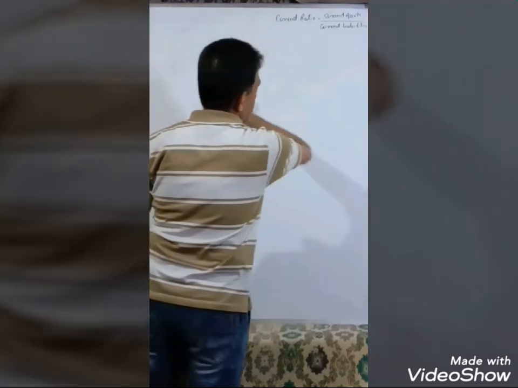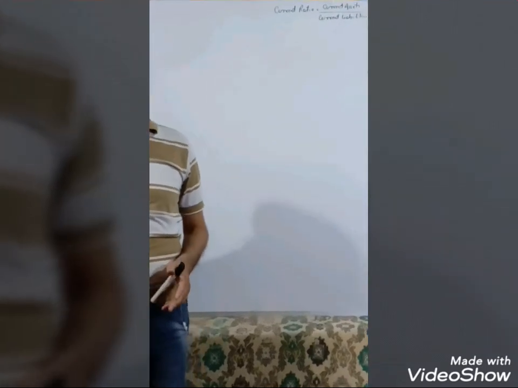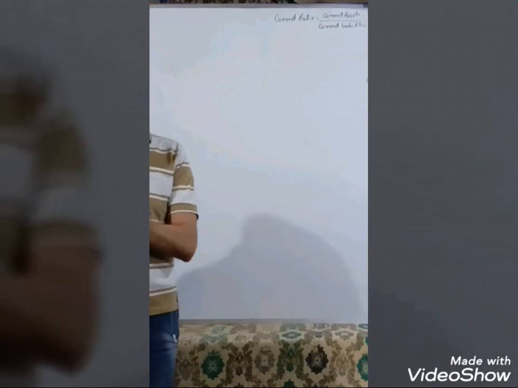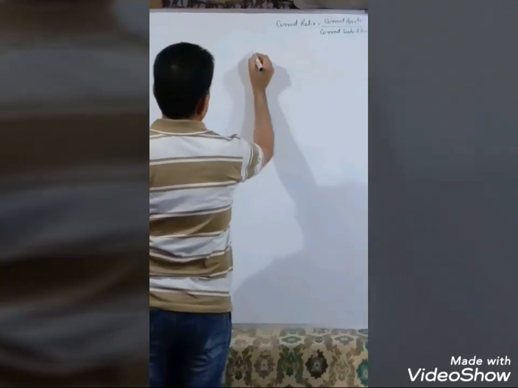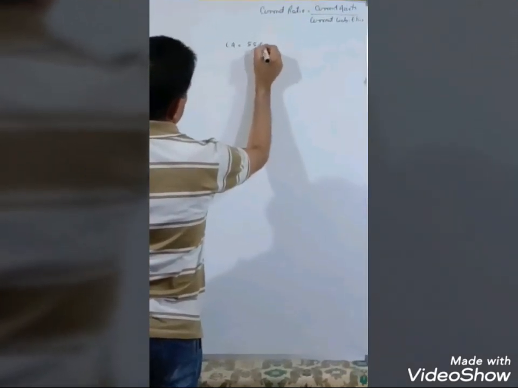Now in this question, again we have to calculate current ratio. If you go through the balance sheet, the current assets given are inventories rupee 55,800, trade receivables 28,800 and cash equivalents 59,400. So we have to calculate current assets first of all. 55,800, these are your inventories.